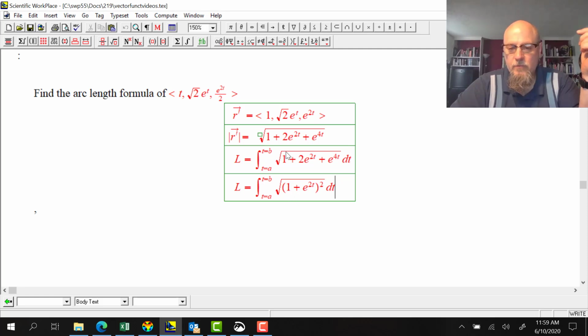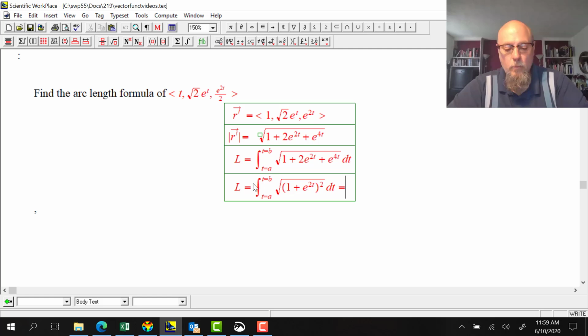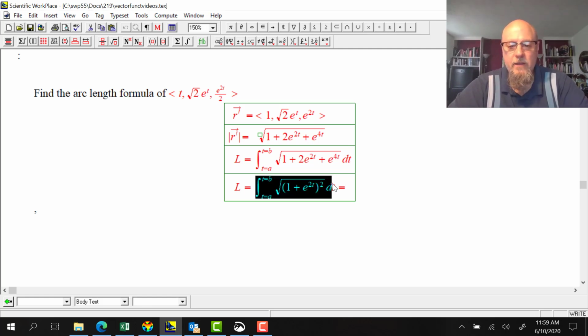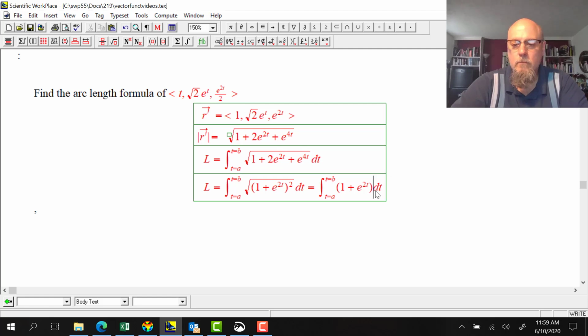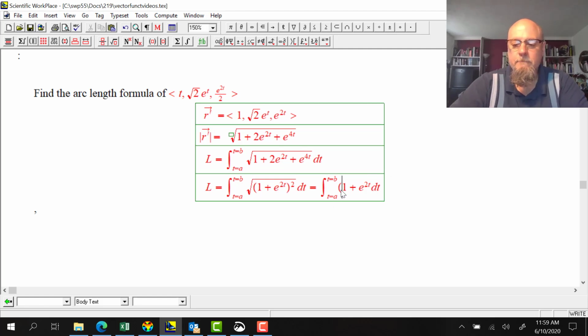If I do first times first, second times second, plus third, first times first, inner and outer are e to the 2t, so there it is double, last. So then that means that the square root sign and the square cancel each other out. So I can integrate this.